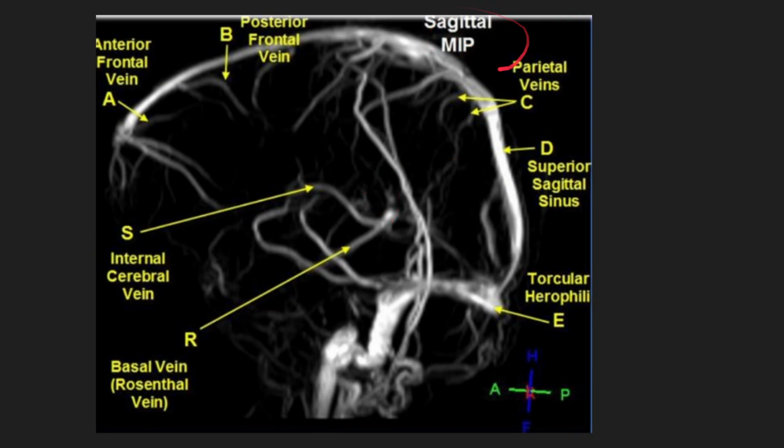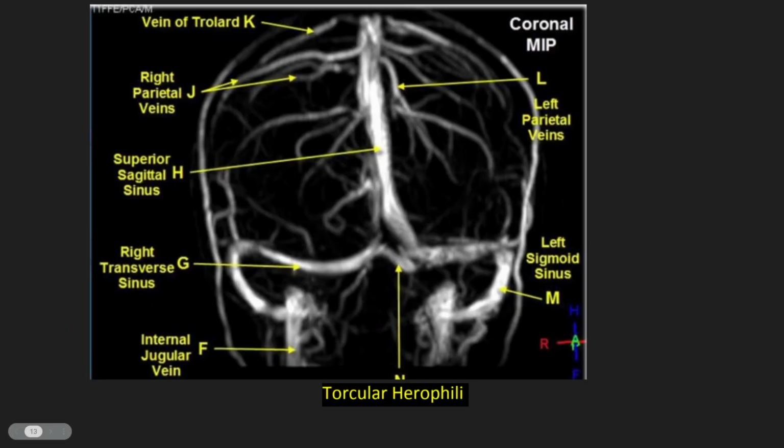Here you have the sagittal MIP, you have anterior frontal vein, posterior frontal vein, parietal veins, superior sagittal sinus, internal cerebral vein, basal vein of Rosenthal, torcular Herophili back here, vein of Trolard, left parietal vein, right parietal vein, superior sagittal sinus, right transverse sinus, left sigmoid sinus, internal jugular, and torcular Herophili.